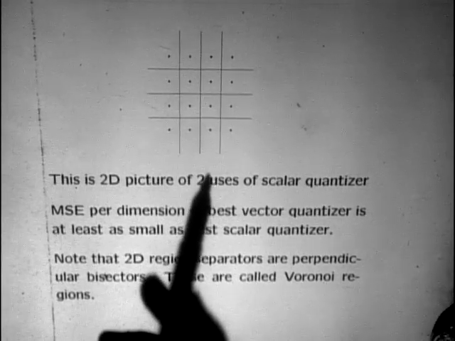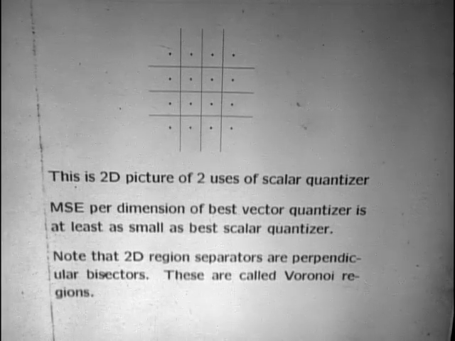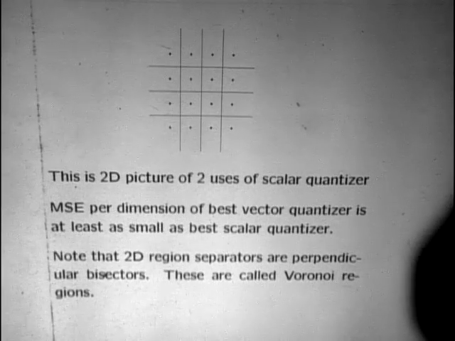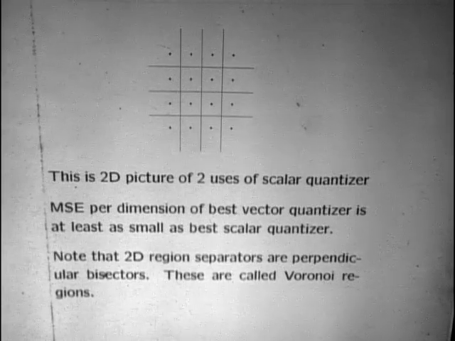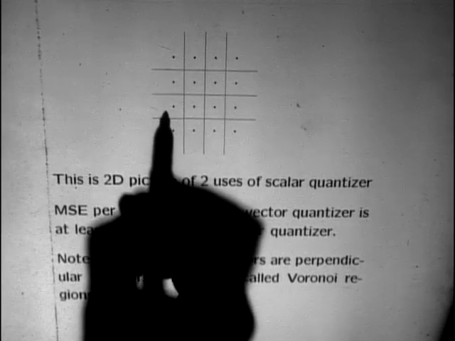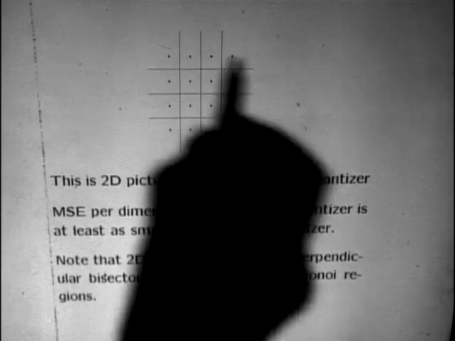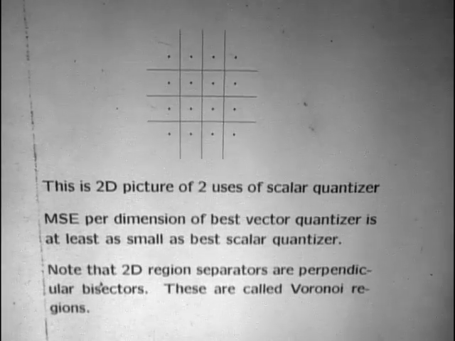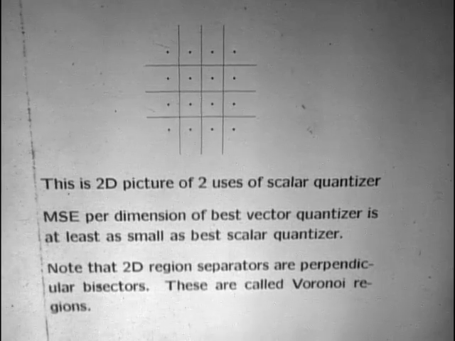Since you're going to be interested in the distortion between the vector U1, U2 and your representation vector A1, A2, these representation points are going to be two-dimensional points also. So if you start out by saying, let's put these points on a rectangular grid, well, we can then look at it and we say, well, given the points, how do we choose the regions?